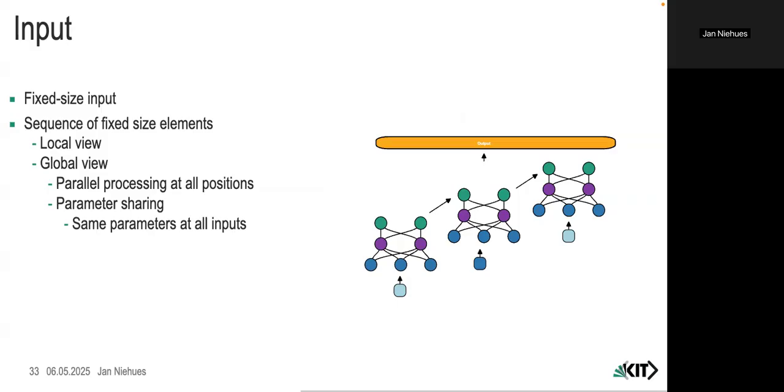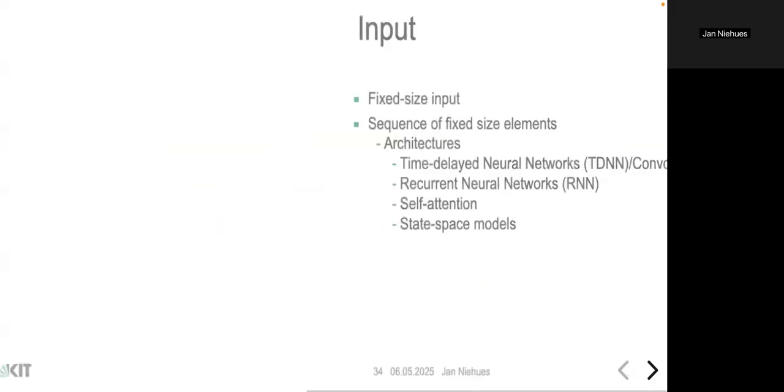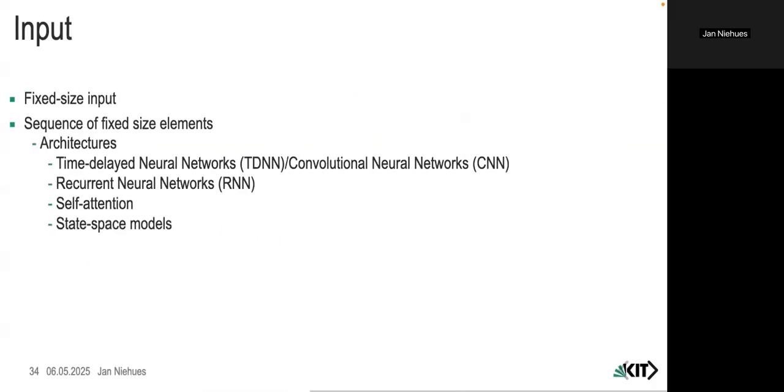And it also motivates why each element, of course, still needs to have a fixed size representation, because at each input time, we put the input into the same type of fixed size representation. And these are then leading to architectures like time-delayed neural networks, convolutional neural networks, recurrent neural networks, self-attention, and state space models, which we will have a look at in the next weeks to come.